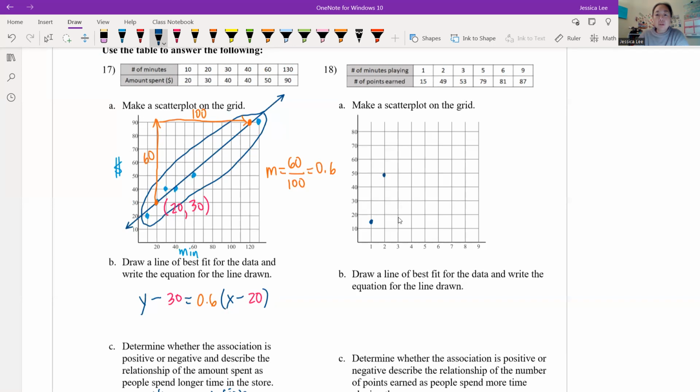And then 3 is 53 points, a little less than half. And 5 is 79 points, so right underneath. And then 6 is 81, so right above. And then 9 minutes is going to be 87, so more than halfway, probably somewhere around there.